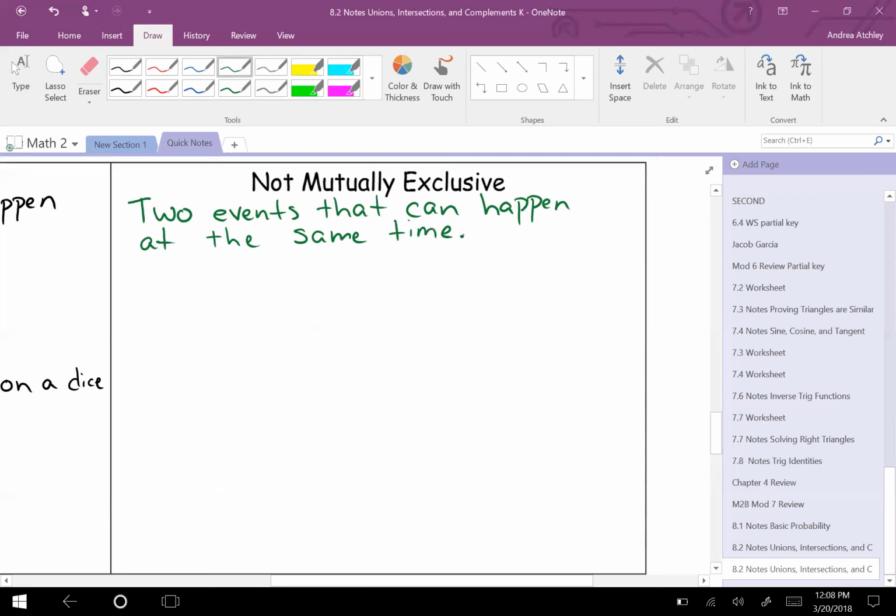So this is like we did again, the people who could take math and science. There's going to be an overlap of the people taking both. So we draw our 2 circles.